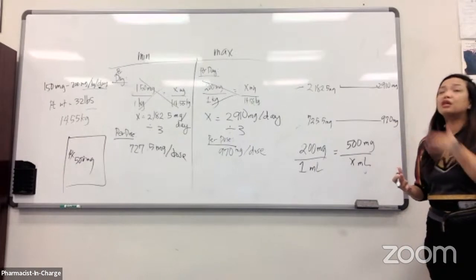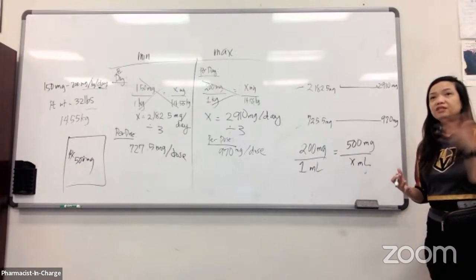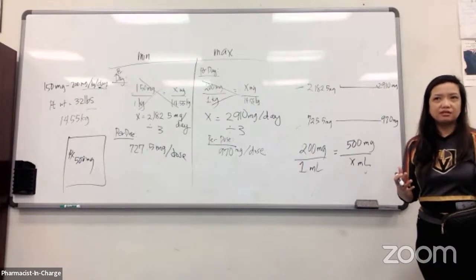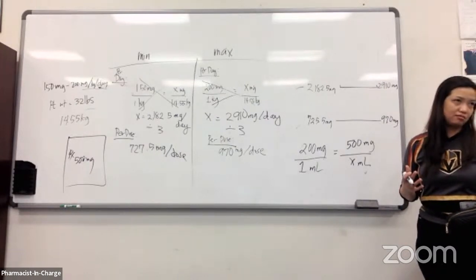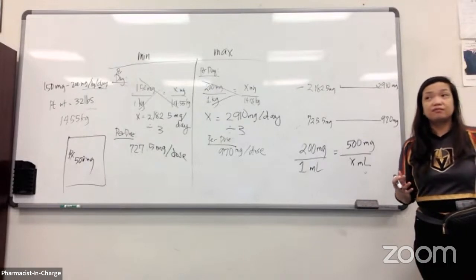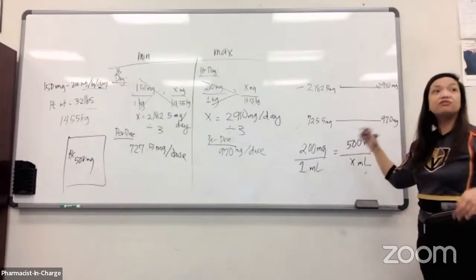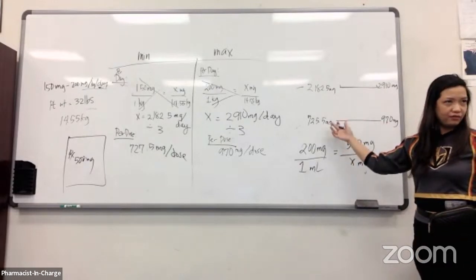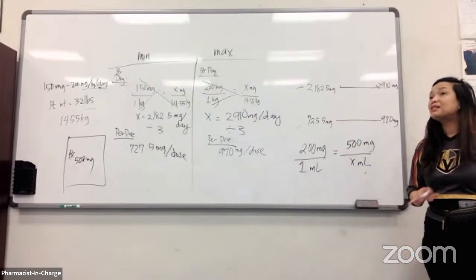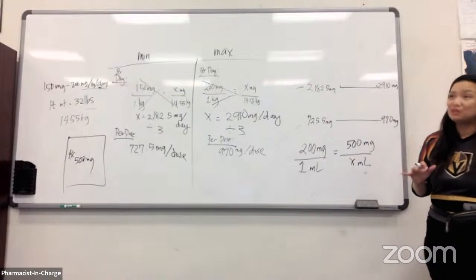So to be sure, call the doctor and the doctor can say, oh yeah, I adjusted that dosing. It's really 500. I have to give the lower dose. Or it can be just wrong on the part of the doctor. Like, doctor, the normal range for this one is 727 milligrams. But for purposes of math, you have to use the prescription.